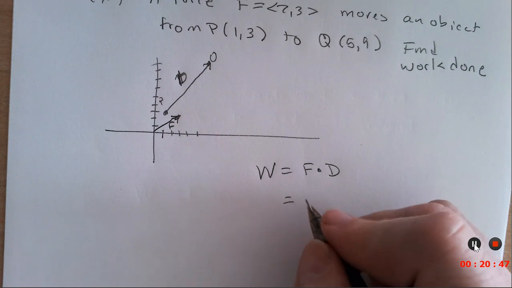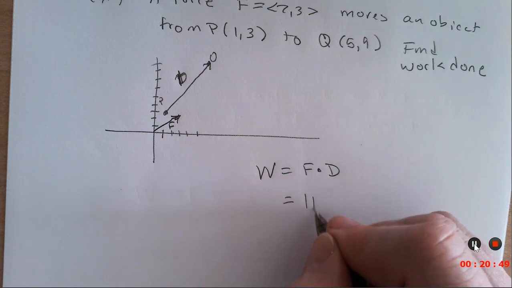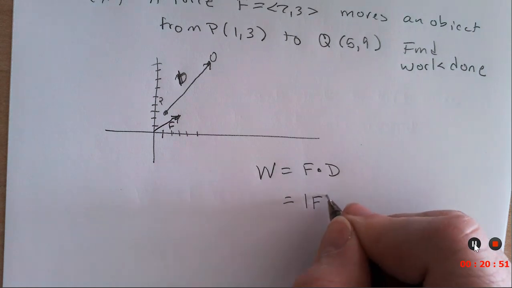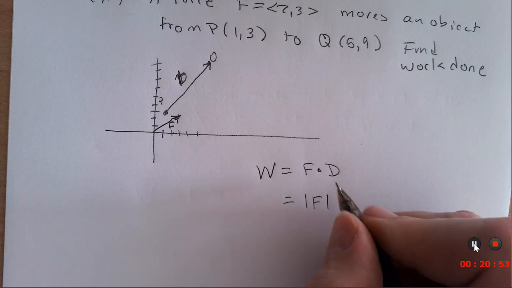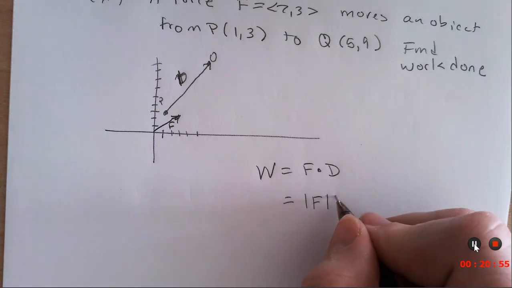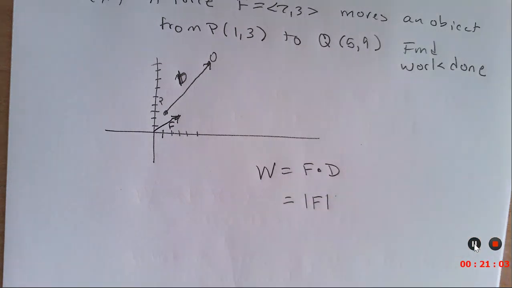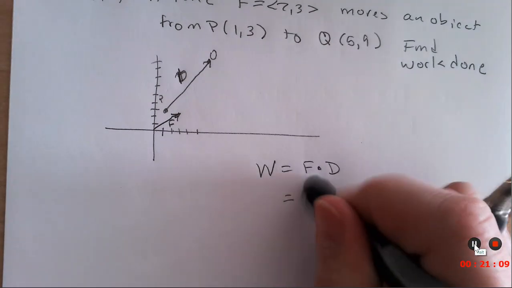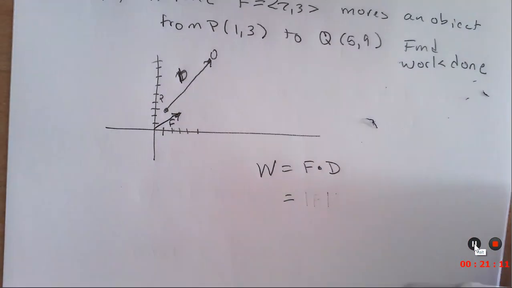So I can write it as the magnitude of the force times the magnitude. Actually, there's two ways to do it, and I just started doing it the longer way that we don't need to do.